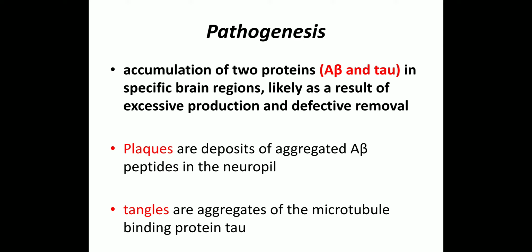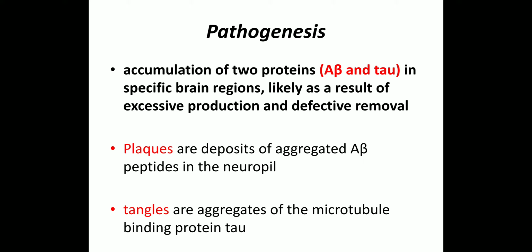So, the accumulation of two proteins in specific brain regions is the main pathology. Two abnormal proteins accumulate in the brain, known as A beta and tau proteins. How are these proteins formed in our brain? It is not a normal phenomenon. A beta and tau are abnormal proteins.